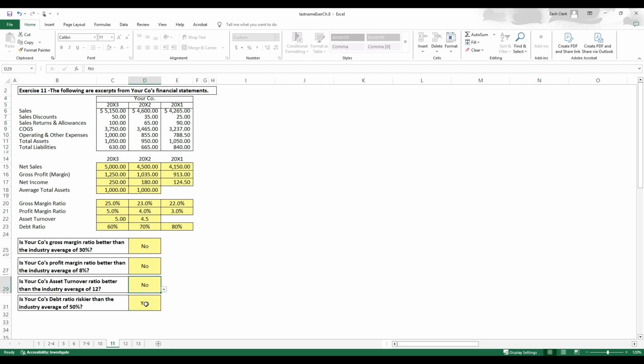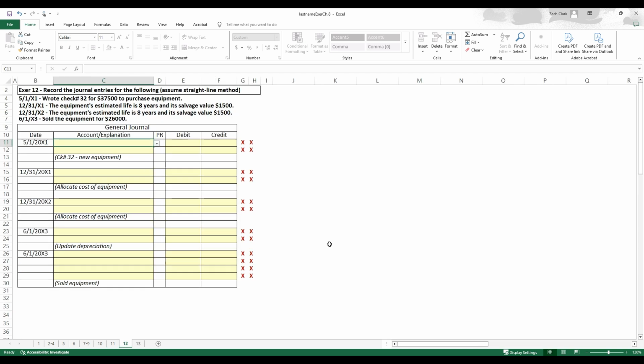Yes. So it doesn't mean your company is going to go under tomorrow or anything, but you might look at these benchmarks and say, our margins need to improve, and we have more debt than average compared to assets for others in our industry. So, a little scary. Okay, let's work on the last couple problems here.